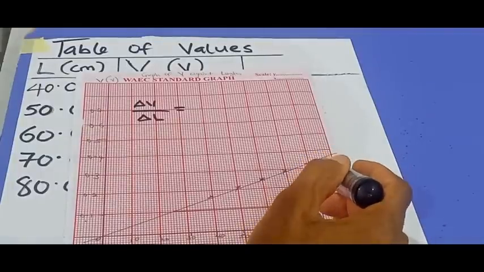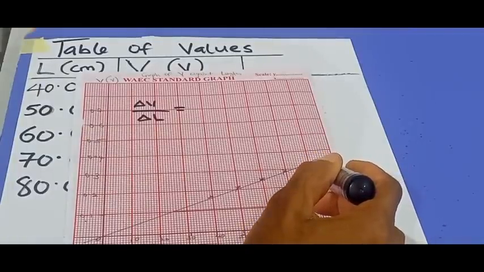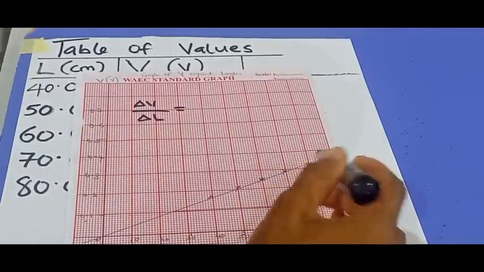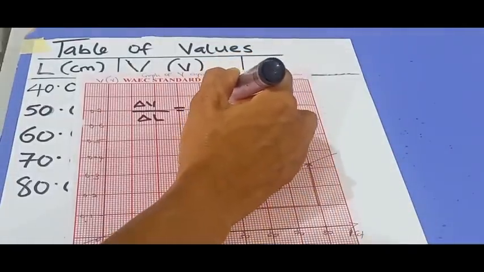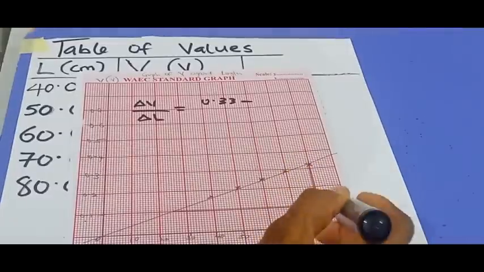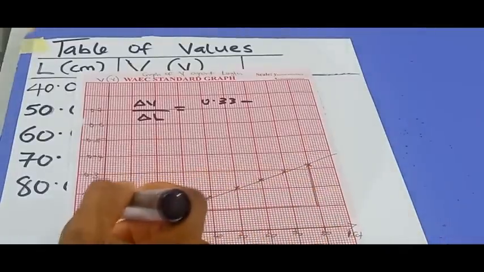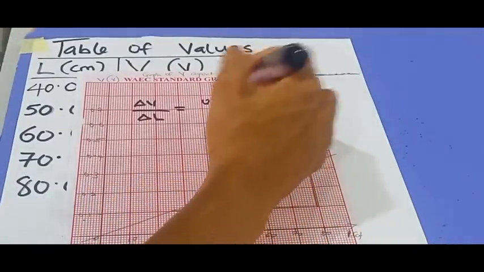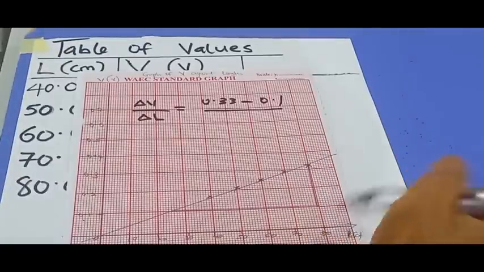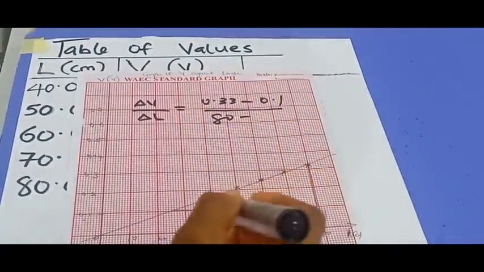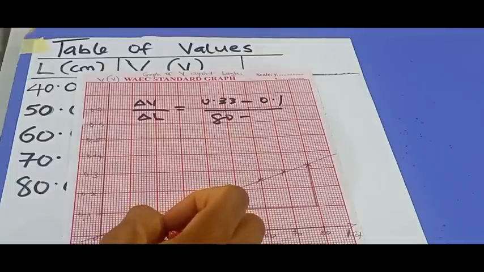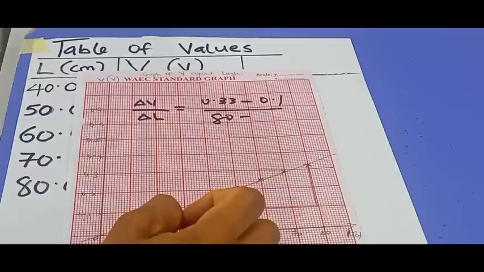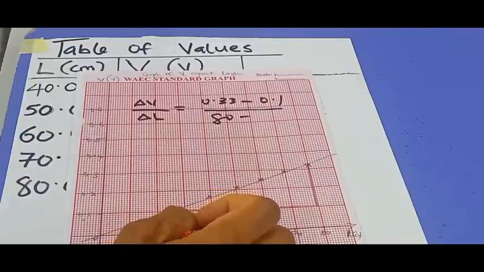Remember this point, let's say 0.33. 0.33 minus, if we have it here, that's 0.1 over, for the length, this is 80 minus this length, 20, 21, 22, 23, 24, 25, 26, 27, 28 until we get to the next one, 29, and then 30, just like that.